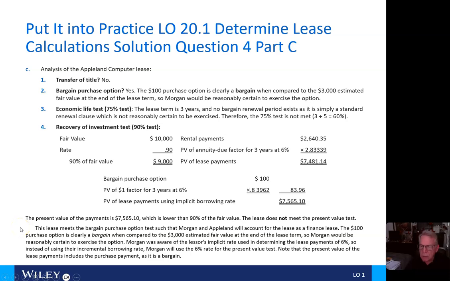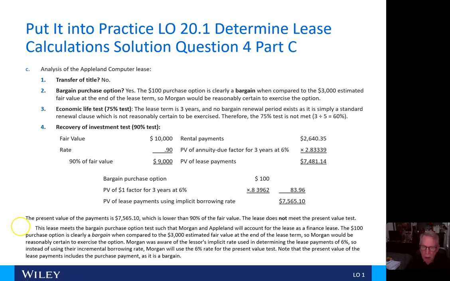The lease meets the bargain purchase option test such that Morgan and Appleland will account for the lease as a finance lease. The $100 purchase option is clearly a bargain when compared to the $3,000 estimated fair value at the end of the lease term. So Morgan would be reasonably certain to exercise that option.